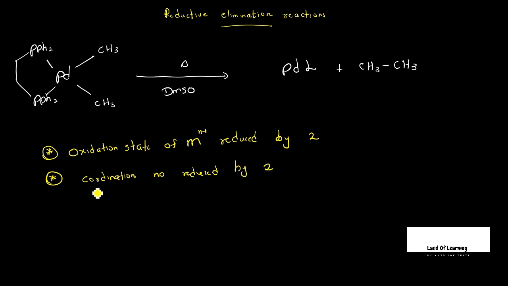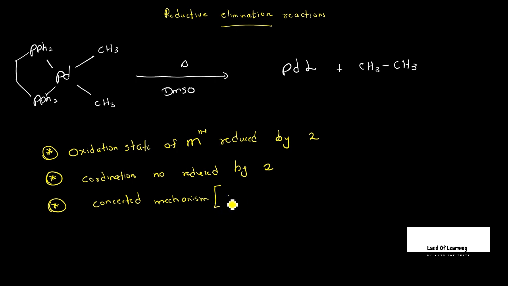The other main thing is, most of the time reductive elimination proceeds through a concerted mechanism. We talked about the concerted mechanism type in oxidative addition reactions, so you must know how many steps this mechanism has. If it's a concerted mechanism, you have to know the bond breaking and bond forming happen simultaneously.